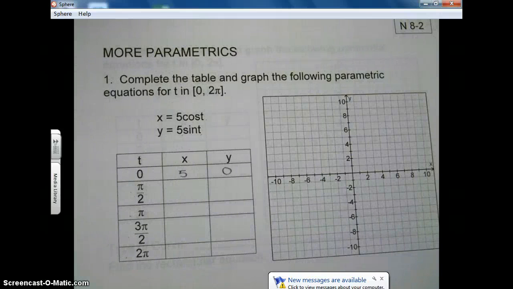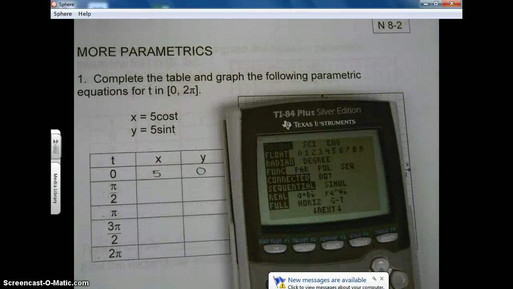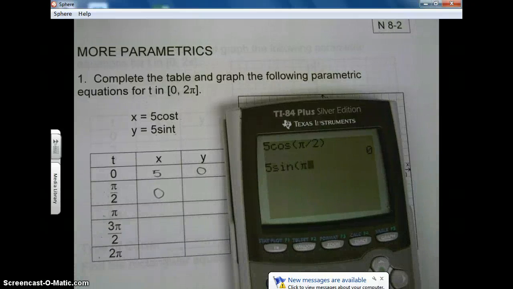Now, you can use your unit circle. Another way to do this is to use your calculator. Make sure your mode is in radians. Then we want 5 times the cosine of pi over 2. Enter, and we get 0. 5 times the sine of pi over 2, and we get 5.